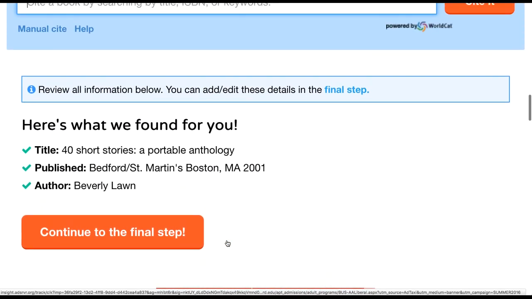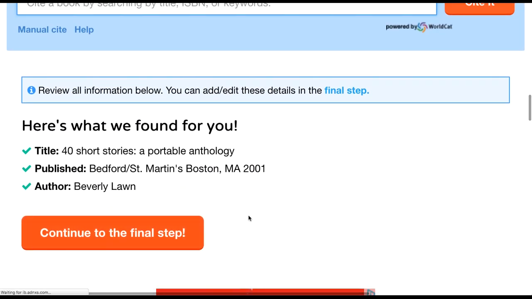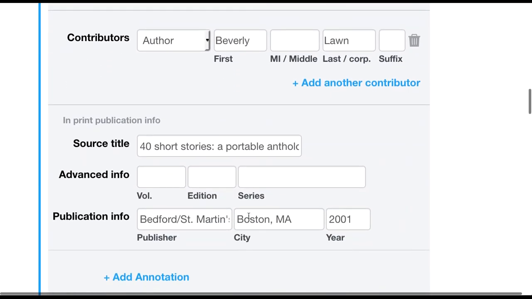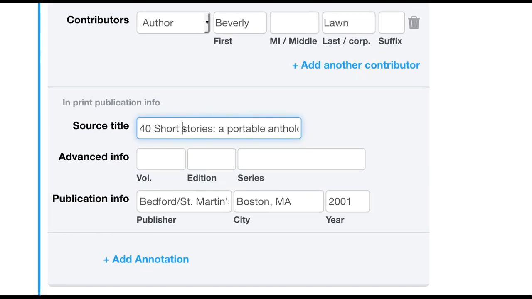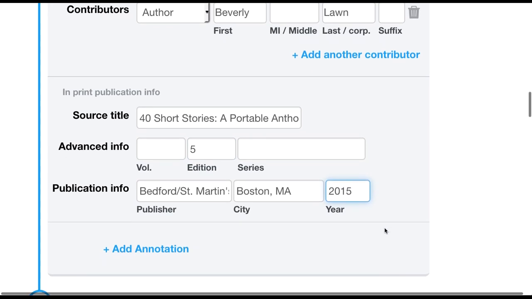This is it. I just have to check the information. Continue to the final step. Okay, Beverly Lawn is the author. I just need to change this because I think we have the 5th edition, and I'm pretty sure it's from 2015. You should double check this though.